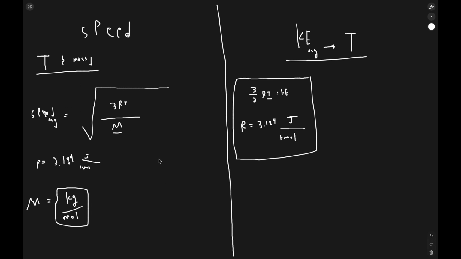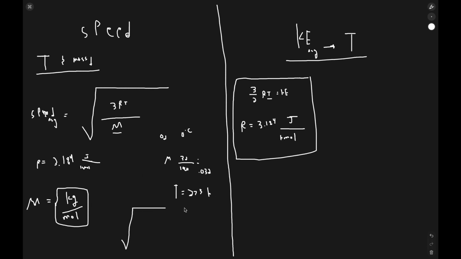So if we want to find the average speed of oxygen at, let's say, 0 degrees Celsius, we know that the mass is 32 over 1000, which equals 0.032, and our temperature has to be in Kelvin, so it goes 273 Kelvin.